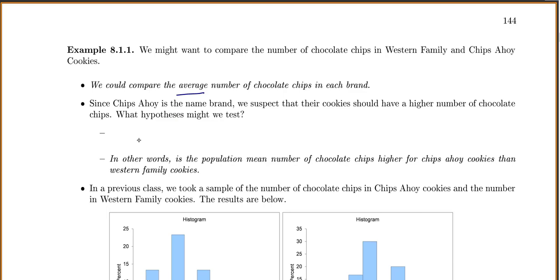If we want to compare the averages, we could look at the mean for Chips Ahoy and compare it to the mean for Western Family. We think Chips Ahoy should have more chocolate chips, so we would say the mean for Chips Ahoy is greater than the mean for Western Family. Or in other words, is the population mean number of chocolate chips higher for Chips Ahoy cookies than the population mean for Western Family cookies?